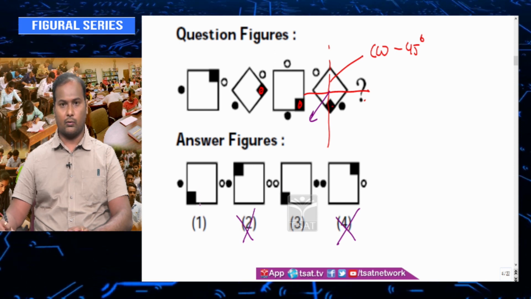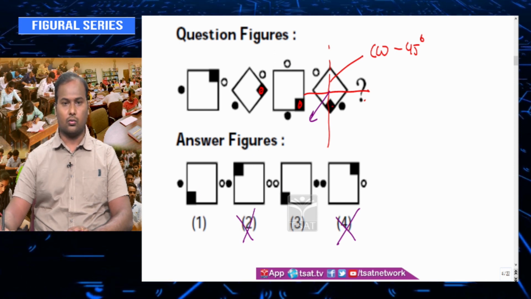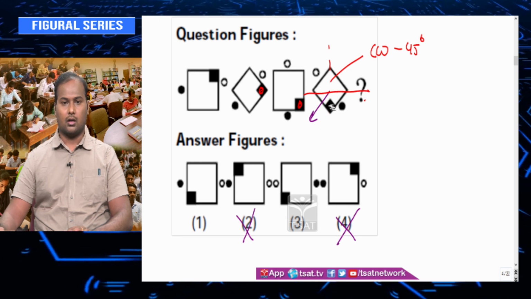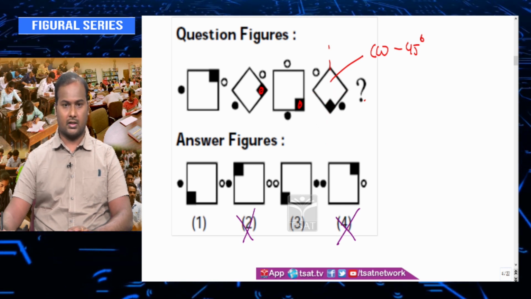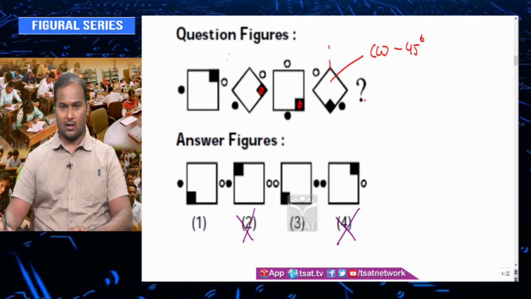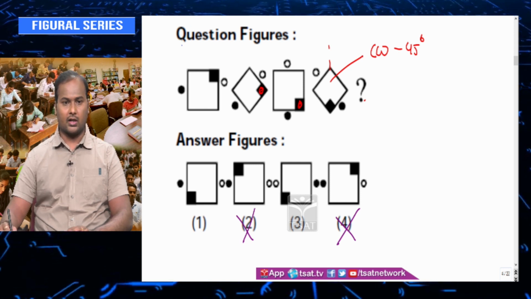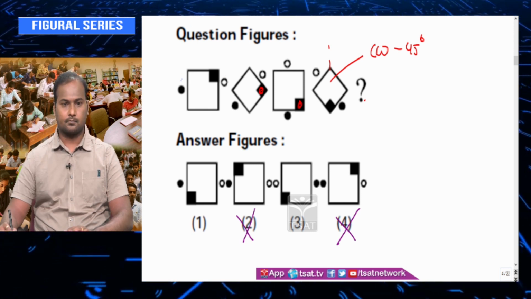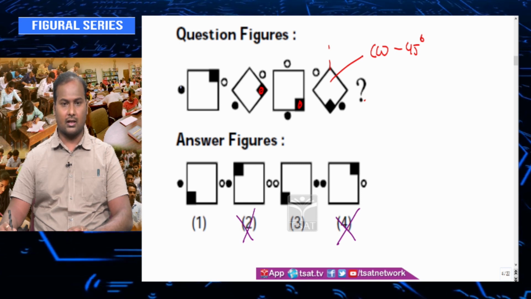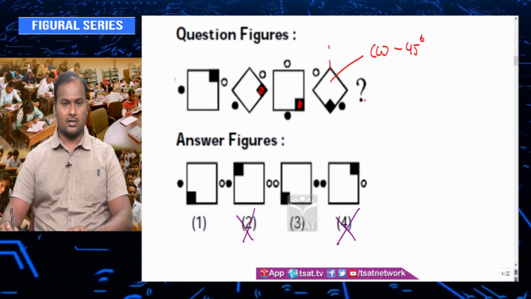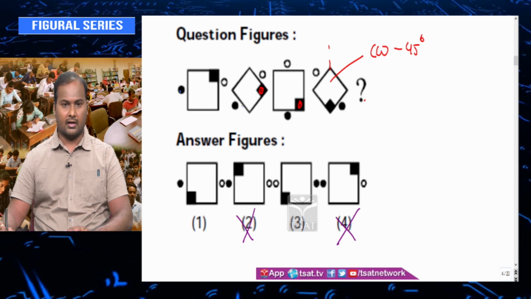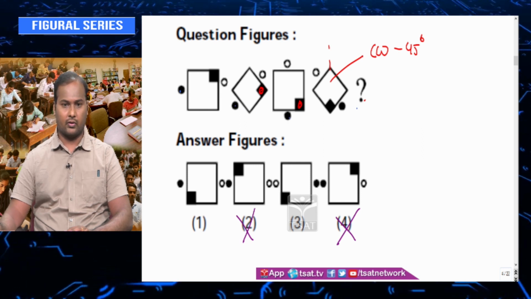To get the answer between 1 or 3, now we need to look at the outside circles, that is one dark circle and another one the lighter circle. Look at how these circles are moving. The darker circle is moving in the anti-clockwise direction. See here, this is here and again moving here, coming to the center and moving outside.